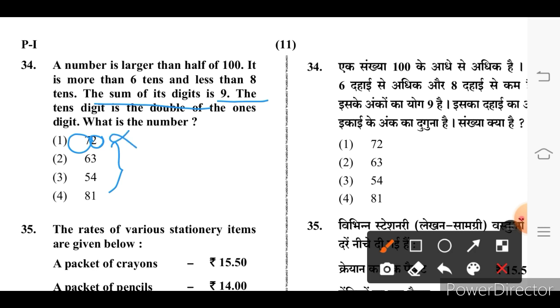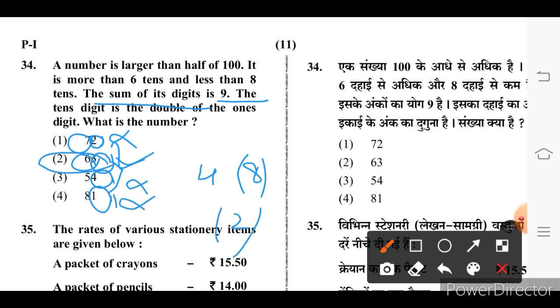No, so this is a wrong answer. 3 is in the ones place and 6 is in the tens place. Is it correct? Yes, we have a chance. In the other options, 4 double is 8 and 1 double is 2, so these are also wrong answers. So the second option is correct.